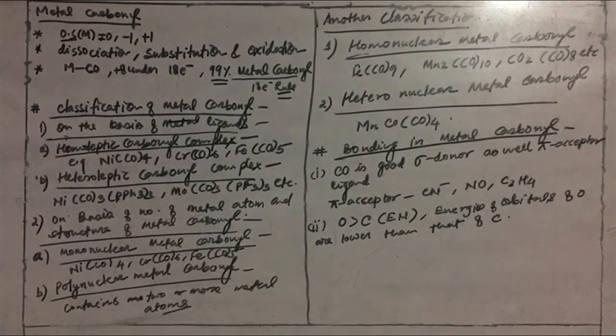So these two points are very important if we draw the molecular orbital structure of this CO. So if I erase these things, then I will start.